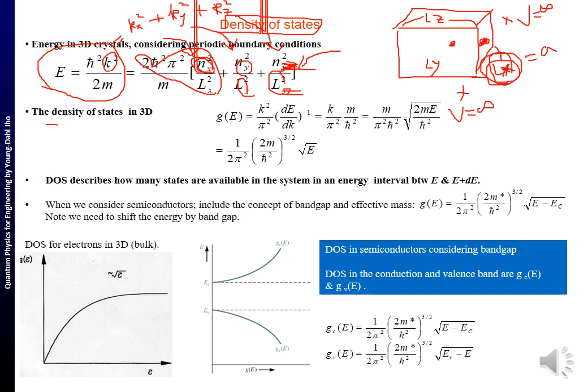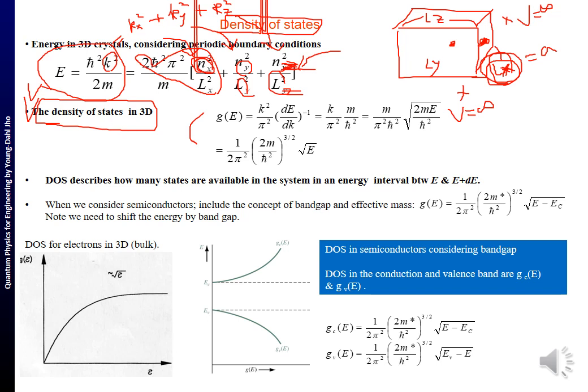Then we can consider the concept of density of state in 3D. To know the detailed mathematical procedures, actually we need at least 1 week. But to consider those mathematical details is not the purpose of this class. I will just consider how we find the applications.